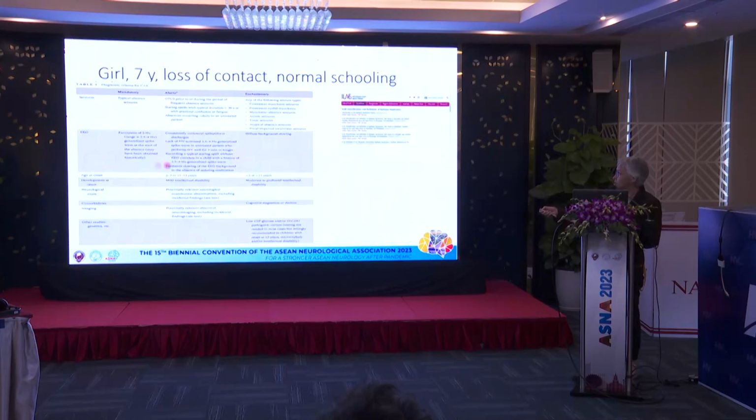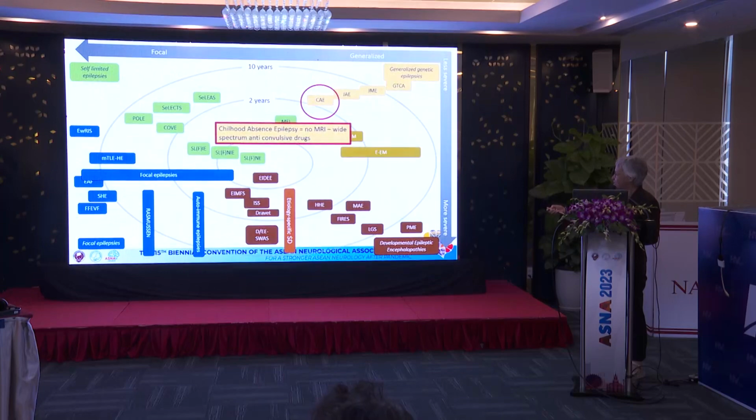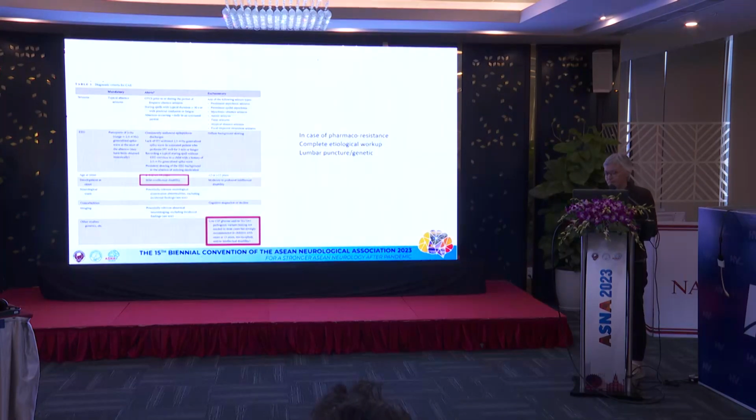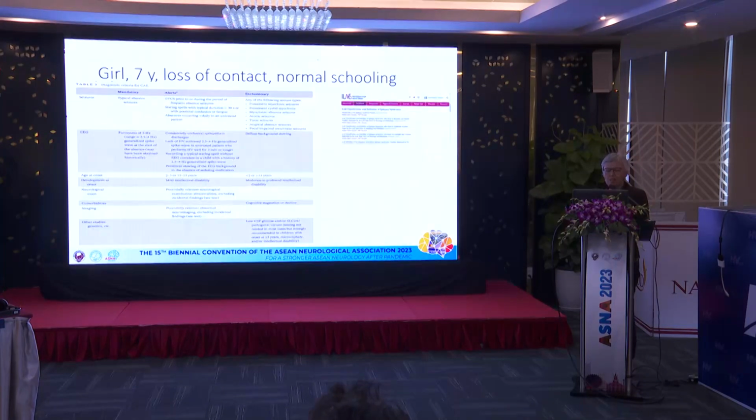She has a mandatory criteria. I have to precise, we didn't talk together before with Professor Somerville, who showed the same example yesterday, but okay, so sorry. Okay, so she has typical absences.